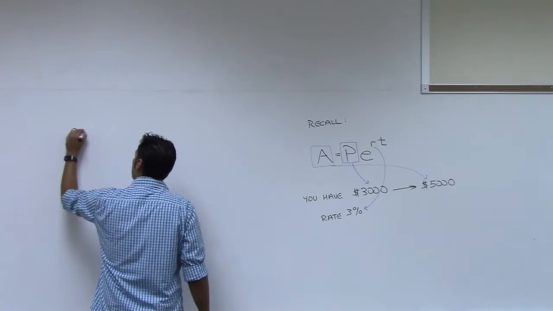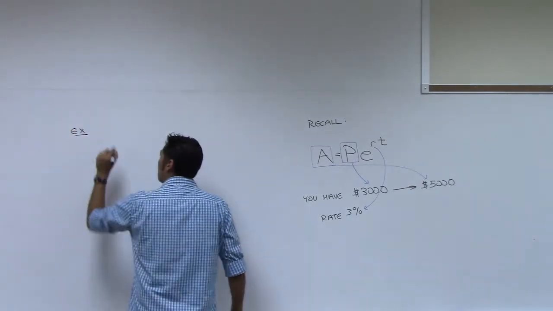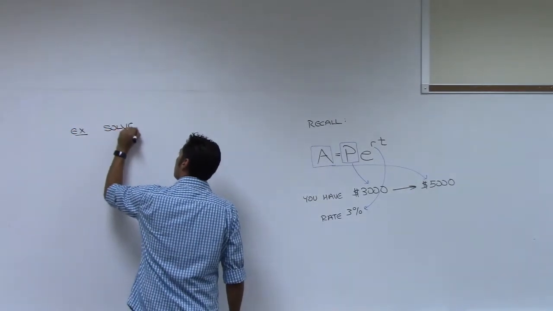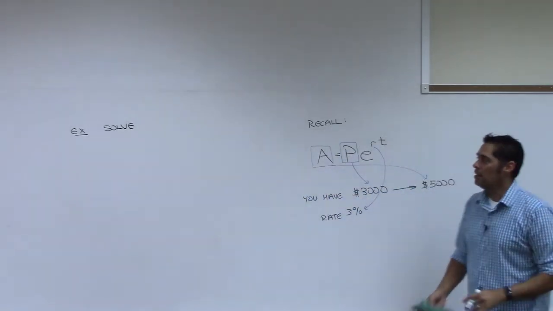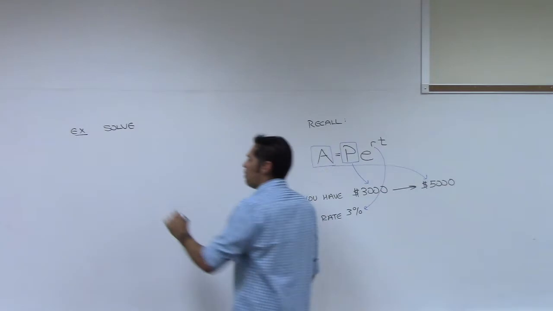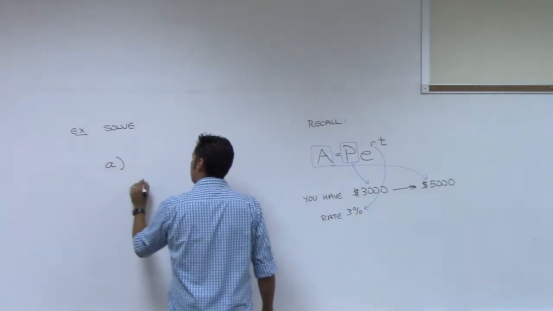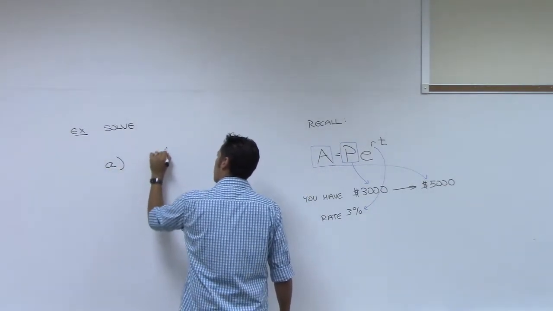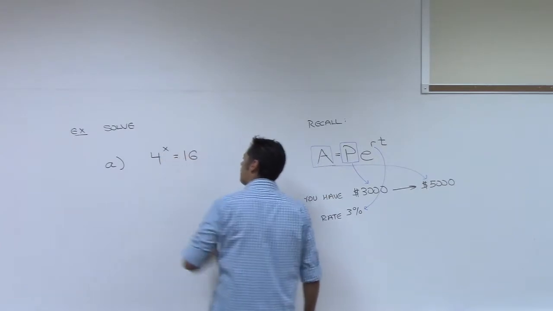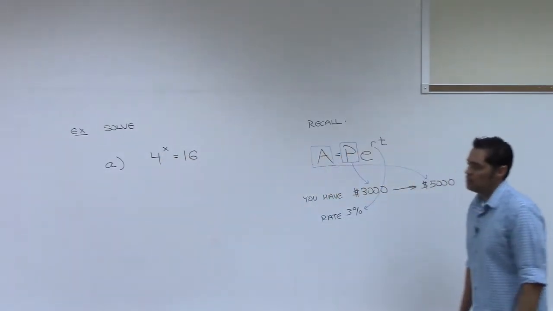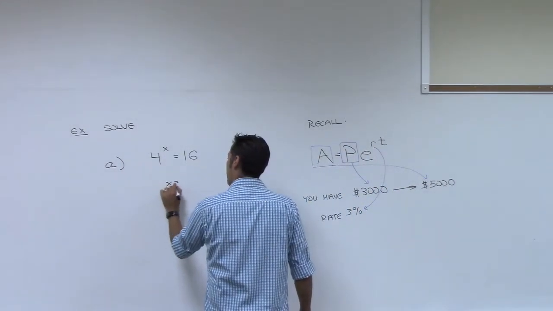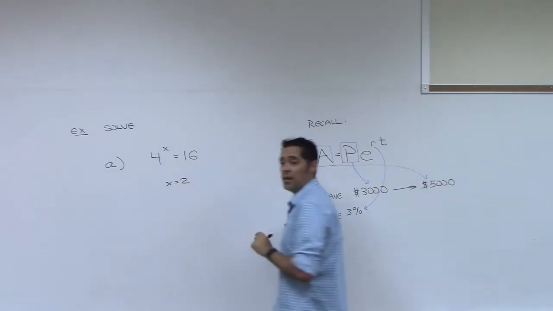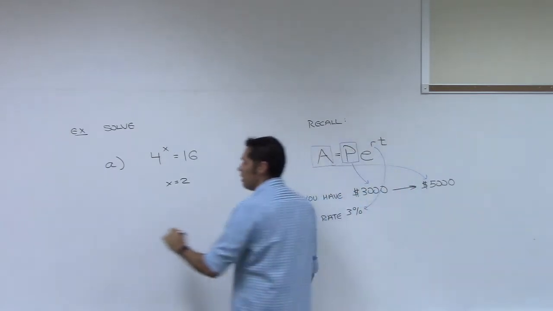This time, this example, I want us to actually solve. I'm not asking you to put this into logarithmic form or convert back and forth. We're done with that. This time I want to solve this. So part A, just to get your brains working again, 4 raised to what power was 16? 2. The answer was 2 here, just by looking. Okay, let's do another one.